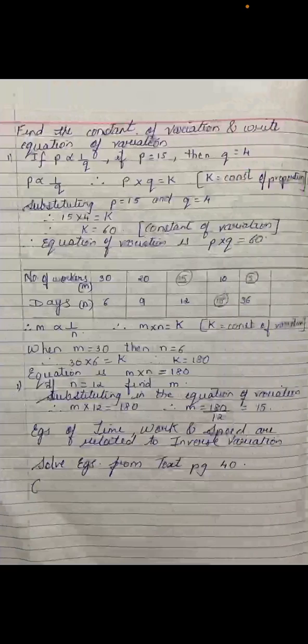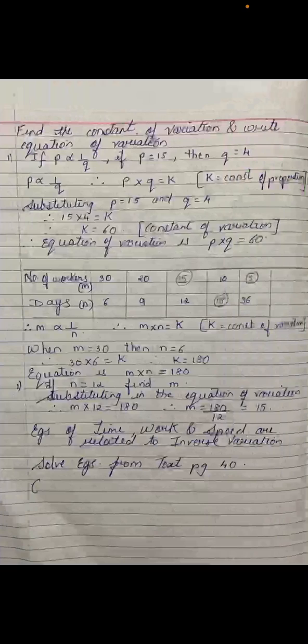Find the constant of variation and write the equation of variation. Now again here, if p is inversely proportional to 1 upon q, if p is equal to 15, then q is equal to 4. Now we know that p varies inversely as 1 upon q.